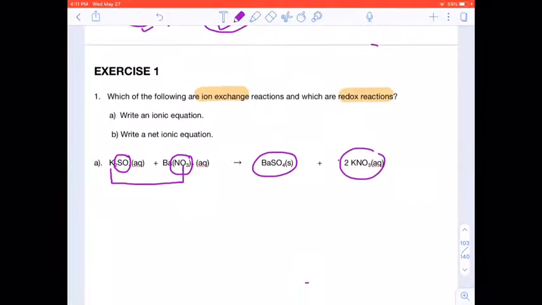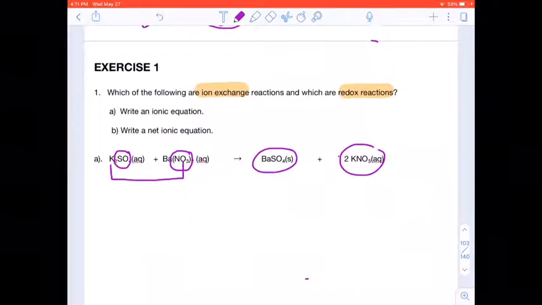Right, that's straightforward, but we want to write an ionic equation for it.